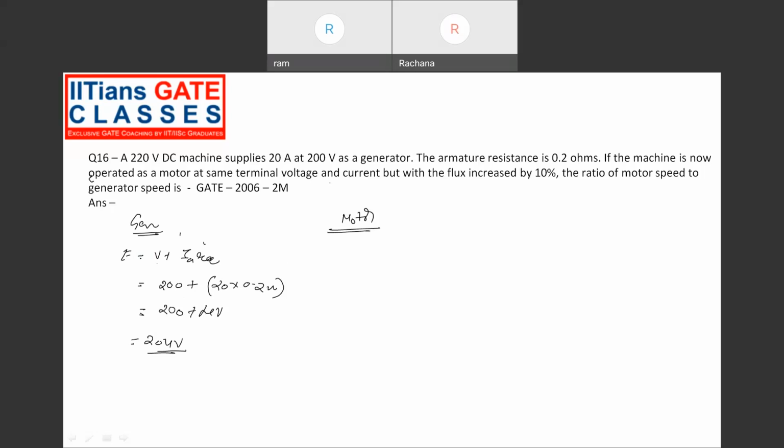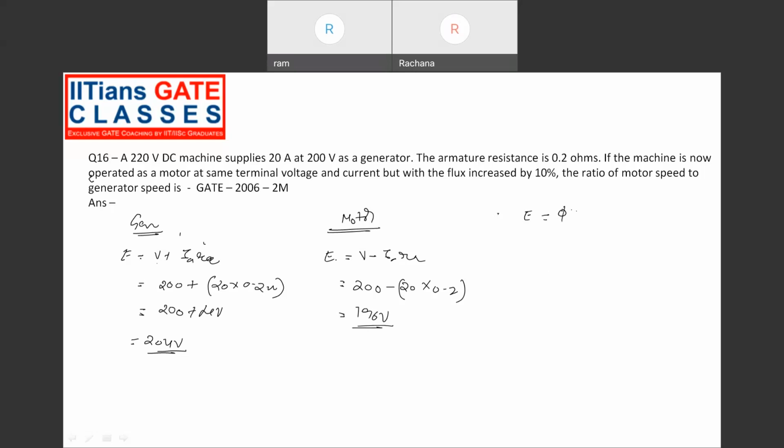We have motor operation. For the motor, E is equal to V minus IaRa. V is 200 volts, the same current flows, times 0.2.